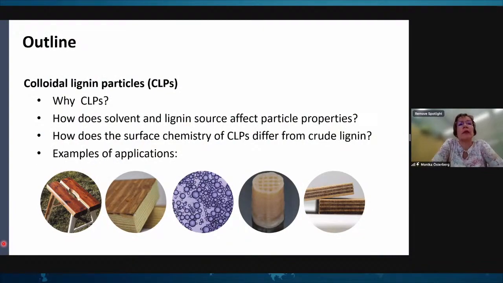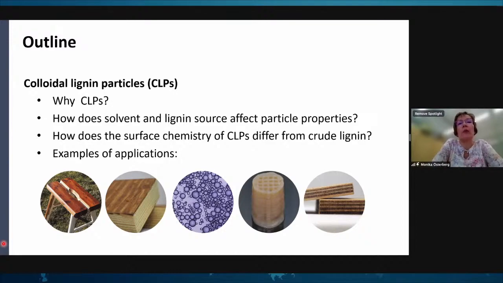So the outline of my talk today will be, first I will give you some motivation why we go through this method of making the spherical lignin particles and why we don't use the crude lignin as such. And then I will tell you a bit how solvent and lignin source affects the particle properties.